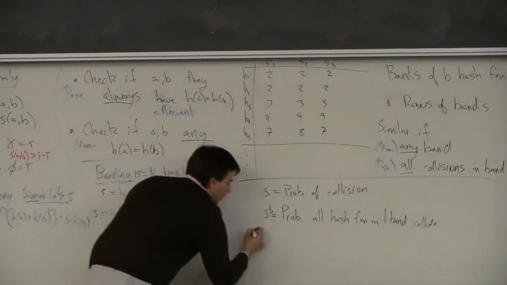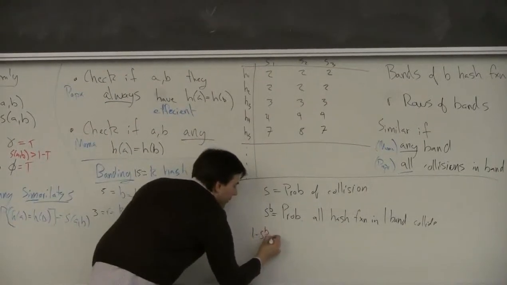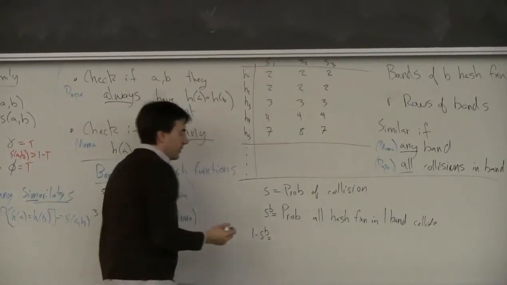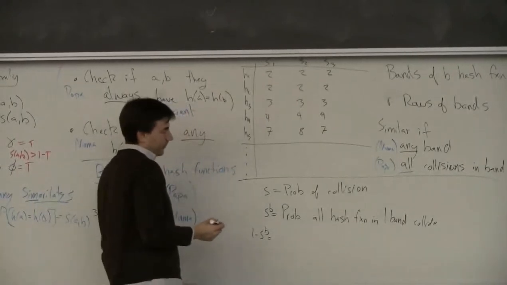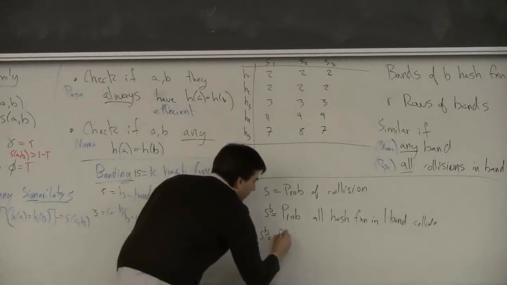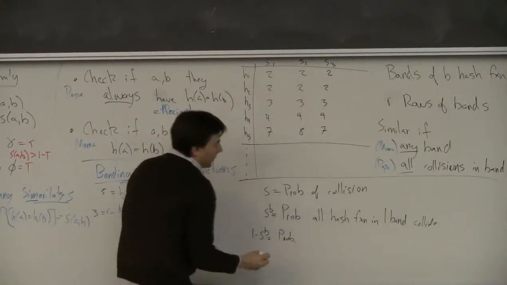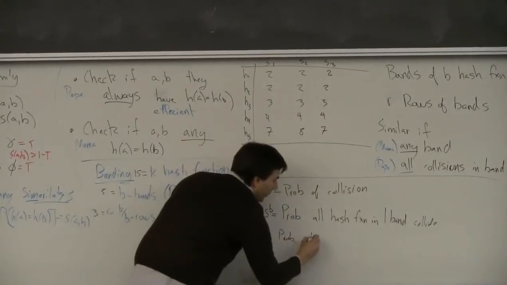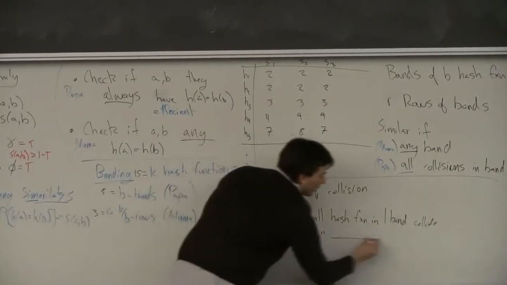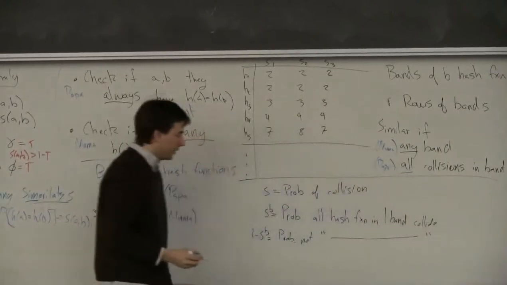And so 1 minus S to the B is going to be the probability that not all hash functions in one band collide.